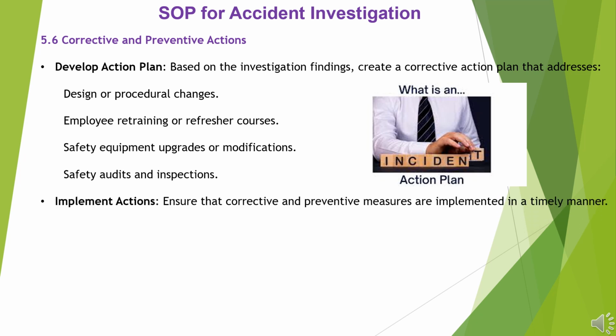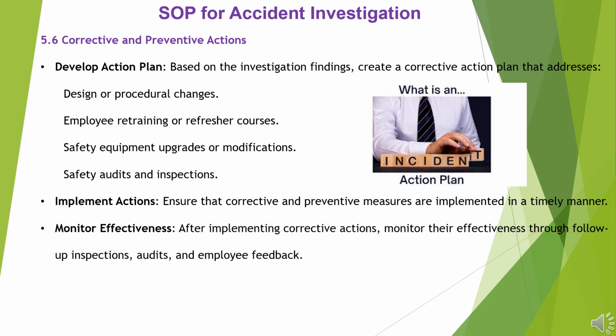Implement actions. Ensure that corrective and preventive measures are implemented in a timely manner. Monitor effectiveness. After implementing corrective actions, monitor their effectiveness through follow-up inspections, audits, and employee feedback.